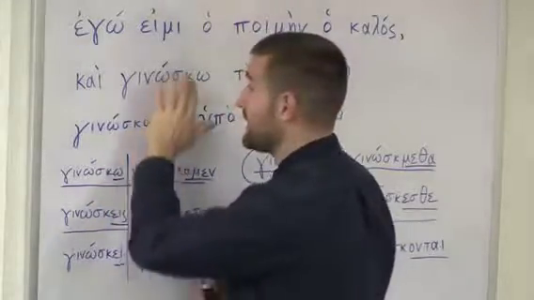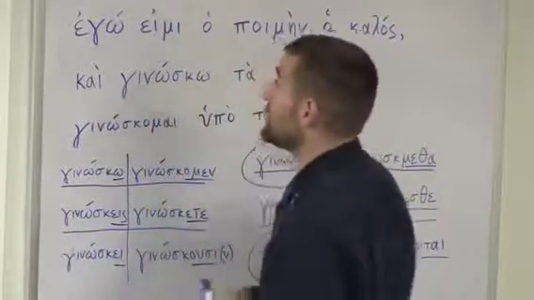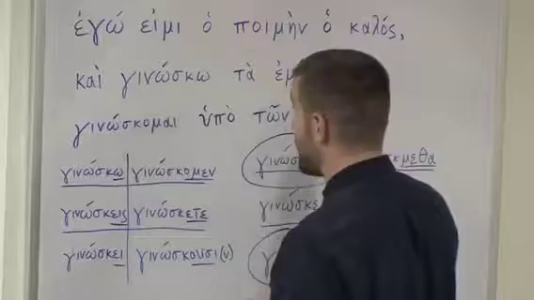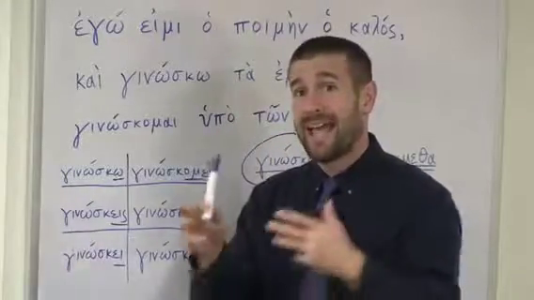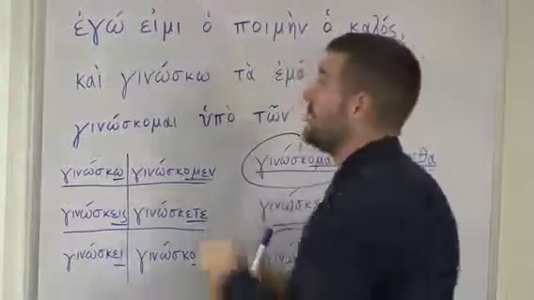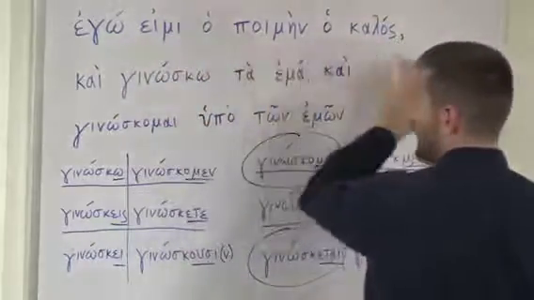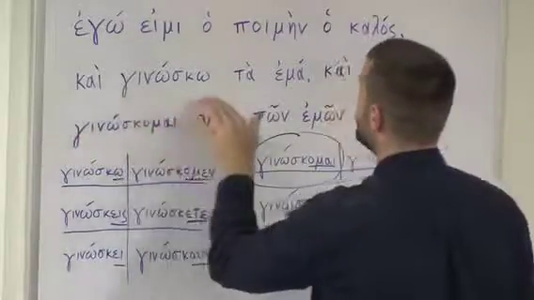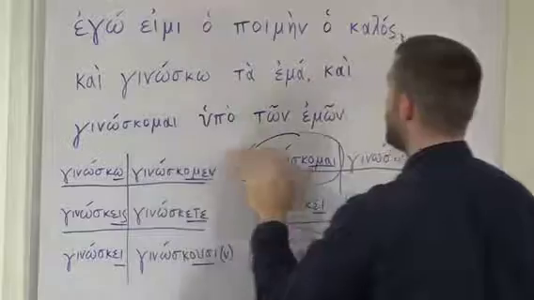So it's really easy to compare and contrast the difference between I know and I am known. So again, this verse says, I am the good shepherd and know my sheep and am known of mine. In Greek, that's ego imi opimin okalos, ke ginosko taima, ke ginoskome ipo tonemon.